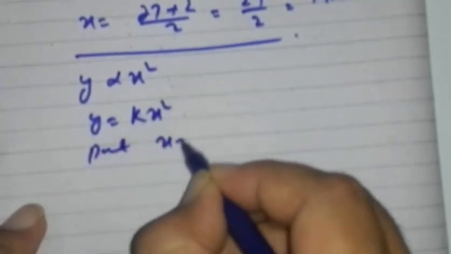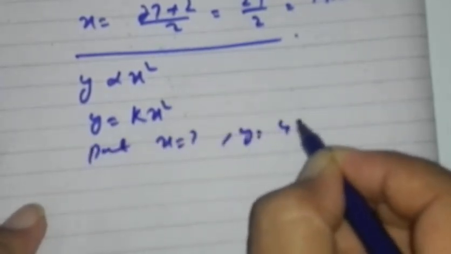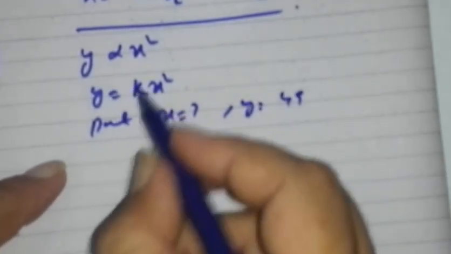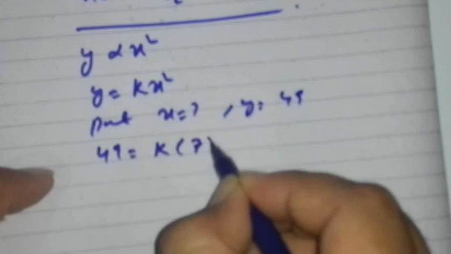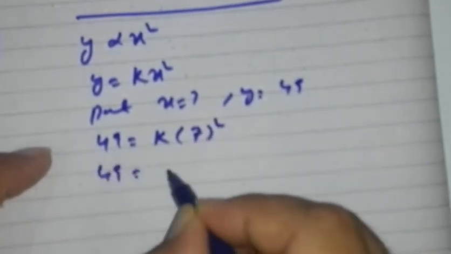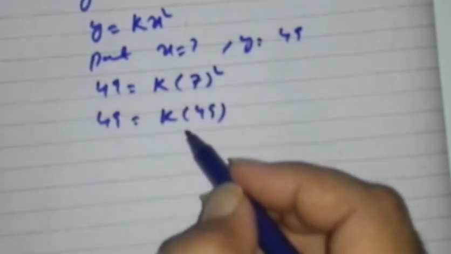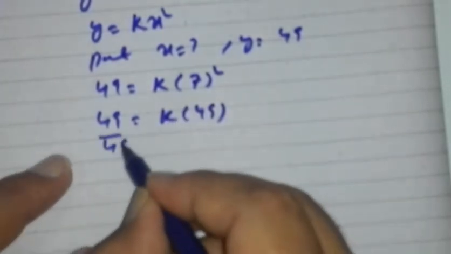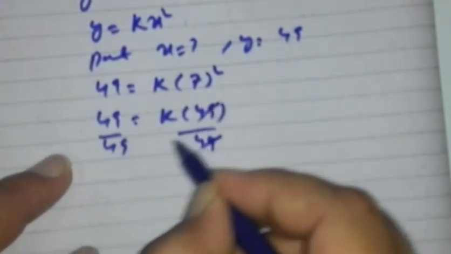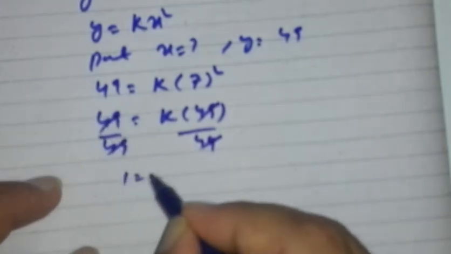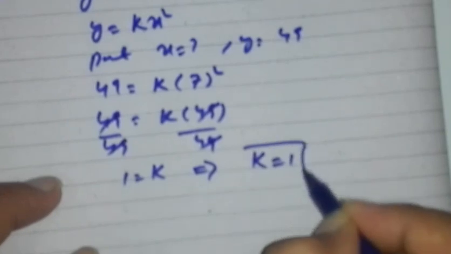Put x equals 7, y equals 49 in order to get the value of k. 49 equals k into 7 square. 49 equals k into 49. 49 cancels with 49 when we divide both sides by 49. So here we get 1 equals k, which implies that k equals 1.